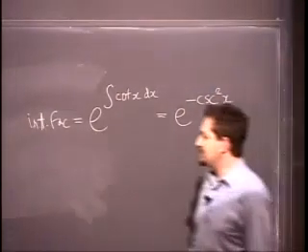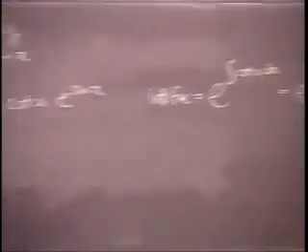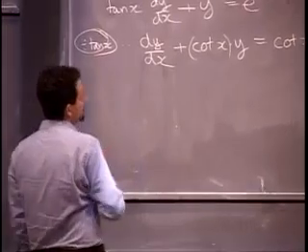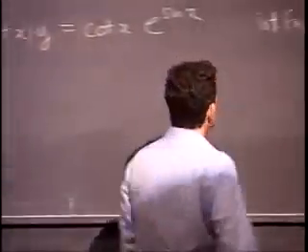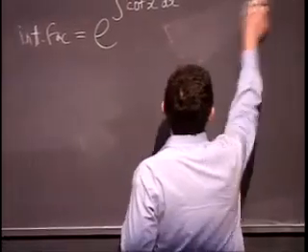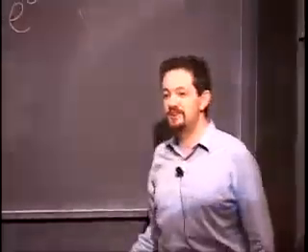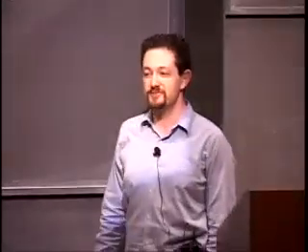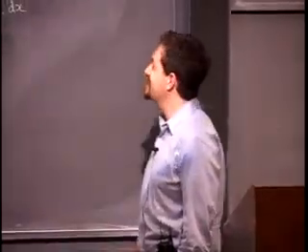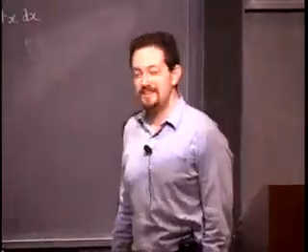So I'm going to multiply this by e to the negative cosecant squared x all the way through. Wait, there is a mistake. Okay, what did I do wrong? I didn't integrate cotangent very well, did I? Okay, thank you for stopping me before I multiplied the whole equation through.